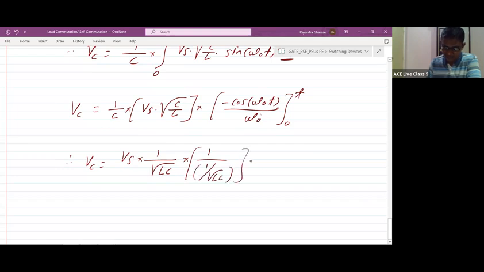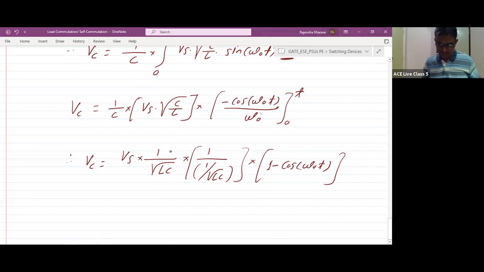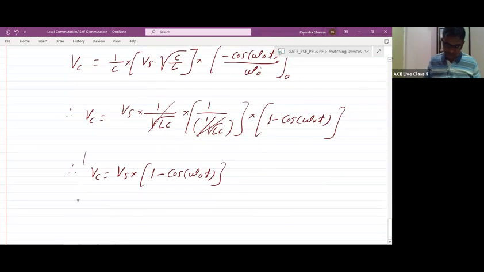Put the limit: minus cos of omega 0 t minus of that term, so it is 1 minus cos of omega 0 t. You can check, this 1 by root LC and this 1 by root LC will get cancelled out. Therefore VC is equal to Vs into 1 minus cos of omega 0 t. This is your VC, the voltage across the capacitor.